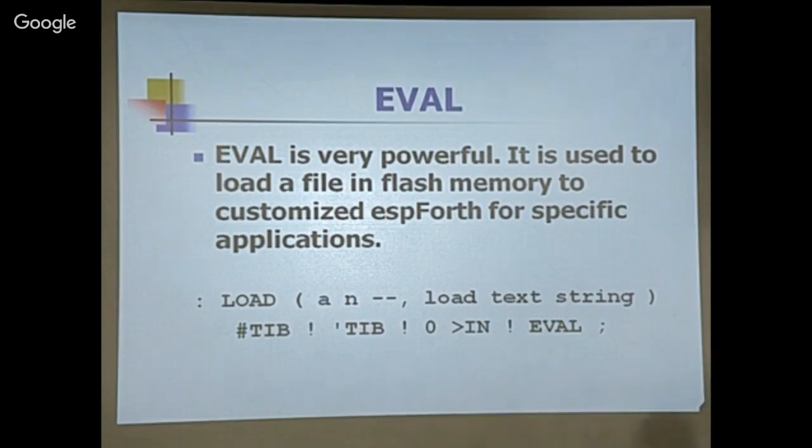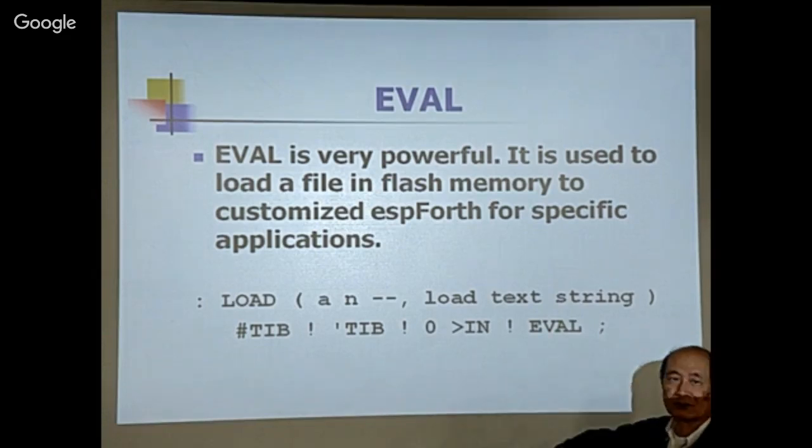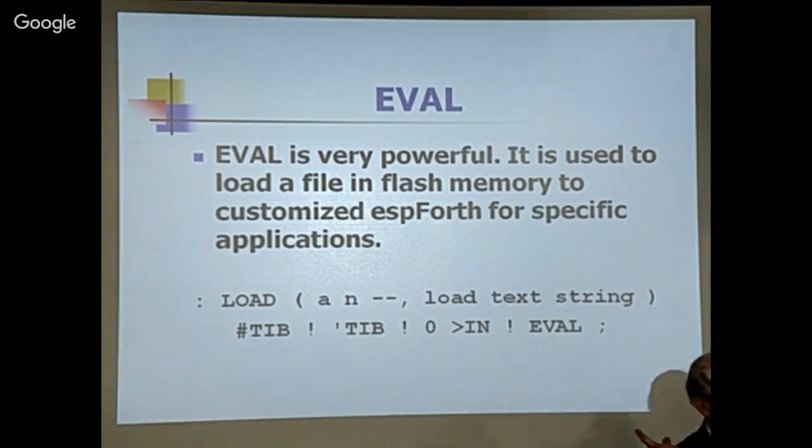So here is one way that eval is used to compile things other than text in the terminal input buffer. You can just change the tick TIB, the pound TIB, and the greater-in. You change these three variables and you can interpret text anywhere in the Forth virtual memory that you have access to.